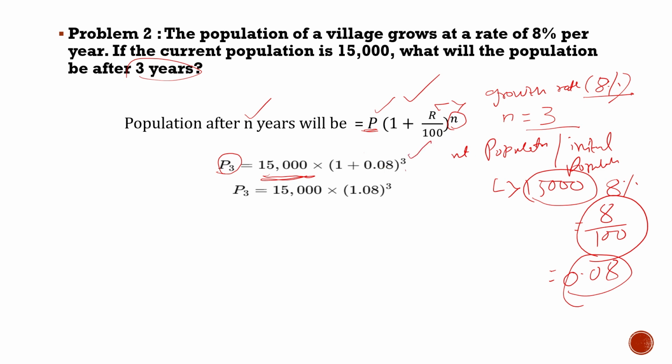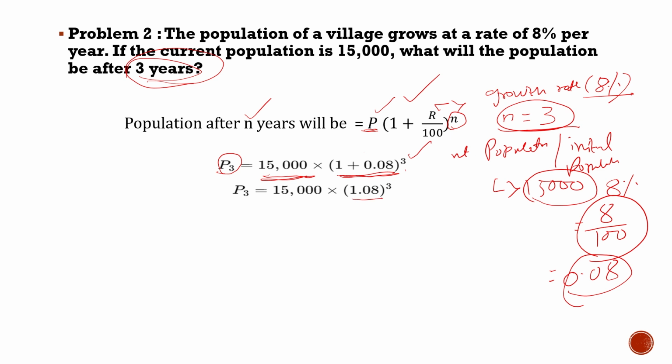Because we are interested in finding the population after 3 years. So n here is 3. Okay, so you have to simplify it. First we will work on whatever is inside the bracket as per the order of operations. So 1 plus 0.08 will give you 1.08 whole to the power 3.